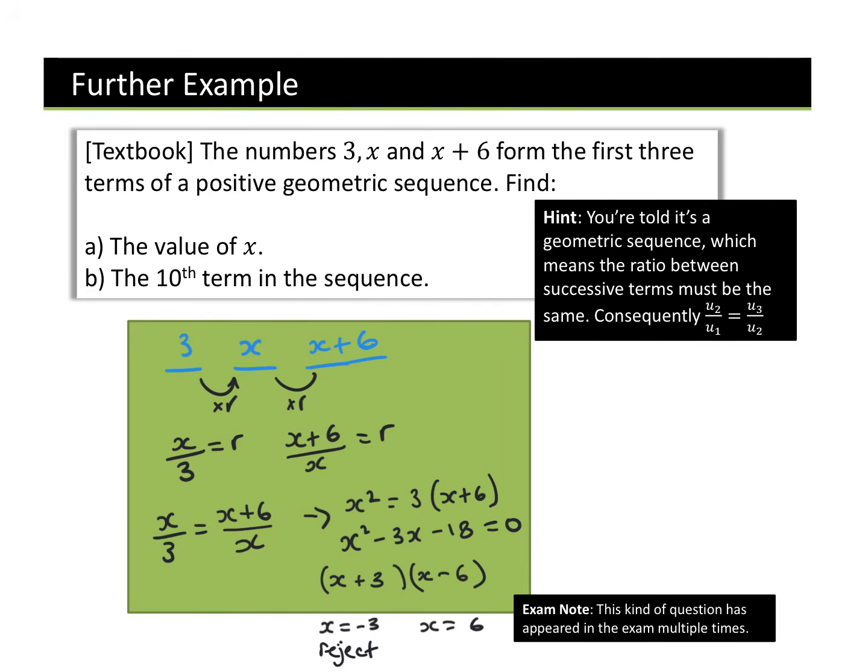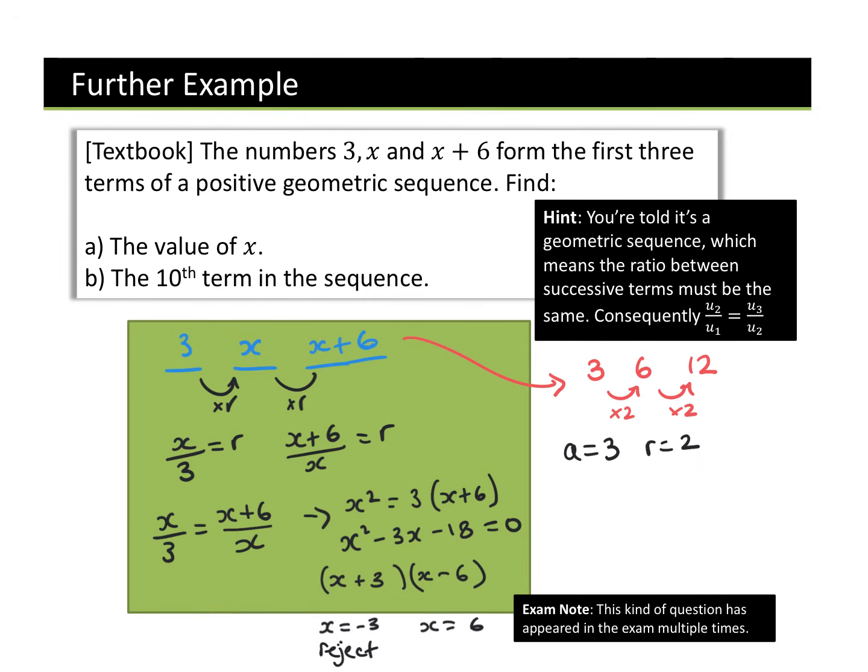So that means if I was to rewrite this sequence and substitute in, 3 is my first term. x is my second term, which is 6. x plus 6 is my third term, so 6 plus 6, which is 12. You can now see our common ratio is 2. So once we found the value of x, which is 6, I've then found my common ratio. So I write down what I know. A equals 3. A is always the first term. r is our common ratio, which equals 2.